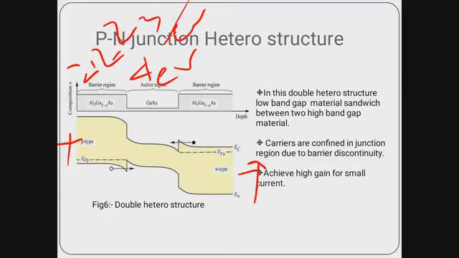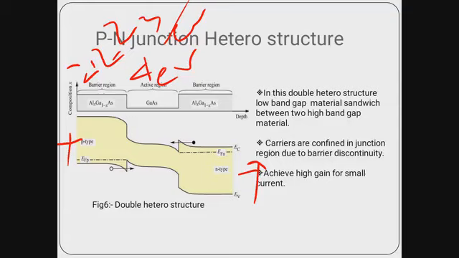How does discontinuity help? In confined carriers, the discontinuity of barriers helps build a very large current density even if we change a small current I through the device. So by passing a small current you can get a very large current density.